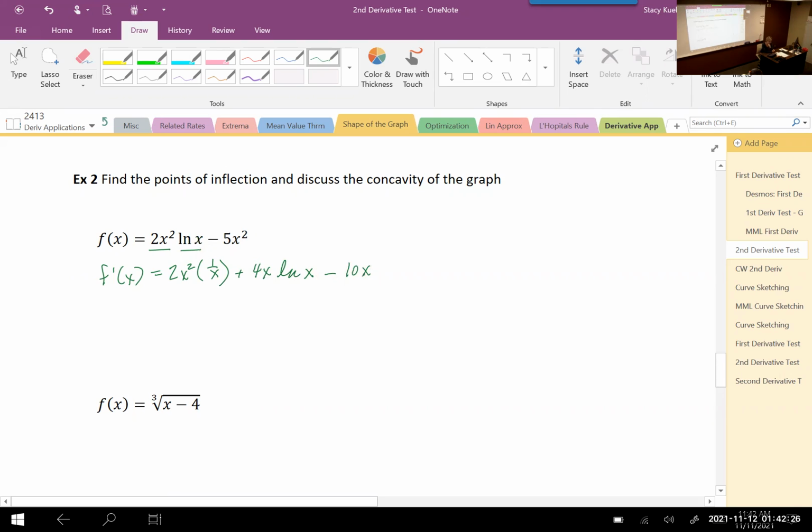So I have 2x squared times 1 over x plus 4x natural log x minus 10x. Now let's simplify this. I end up with 2x plus 4x natural log x minus 10x, or 4x natural log x minus 8x. Product rule, right? Does everybody understand what we're doing right there? Okay, that's the first derivative.